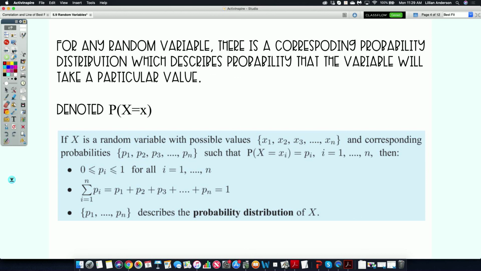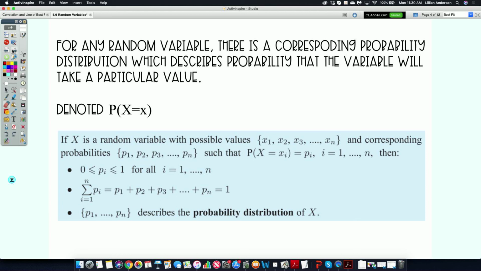So lowercase x could be an example of getting 2 heads when you flip 2 coins. So capital P represents probability, capital X represents the random variable, whatever is happening, and the lowercase x represents just one of the outcomes that could happen out of that set, like getting 2 heads when you flip 2 coins.